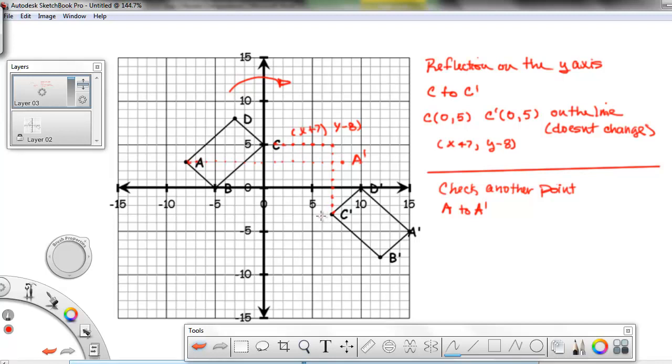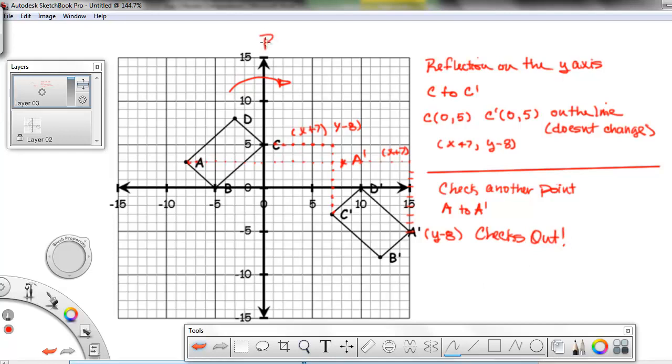It goes over to 8. It goes x plus 7, and then I go down 1, 2, 3, 4, 5, 6, 7, 8. So it works out. Y minus 8 is how far I went down, and x plus 7 is how far I went over, so it checks out.